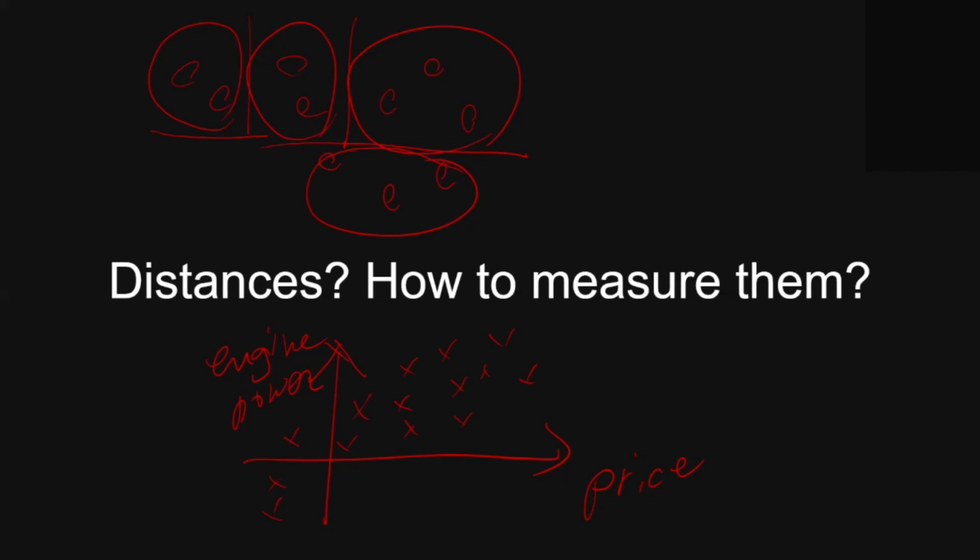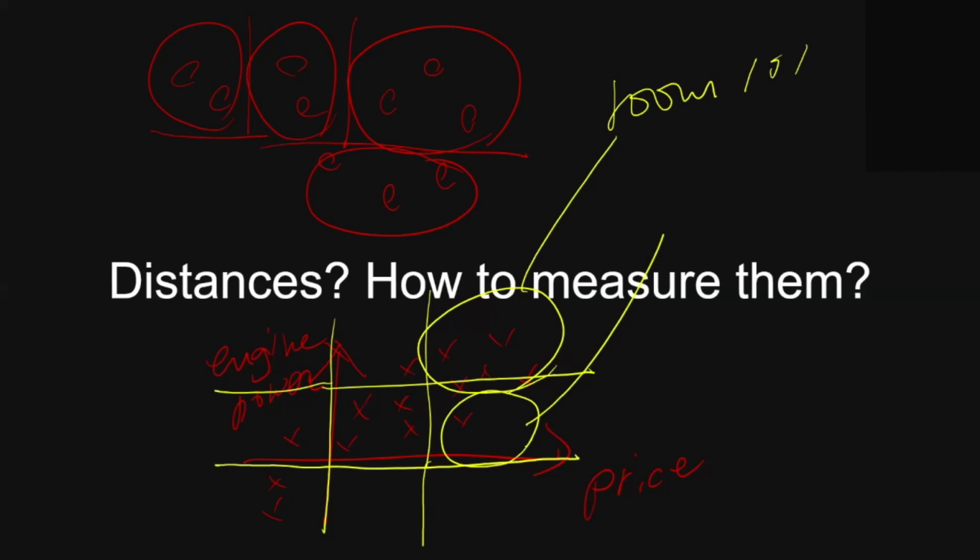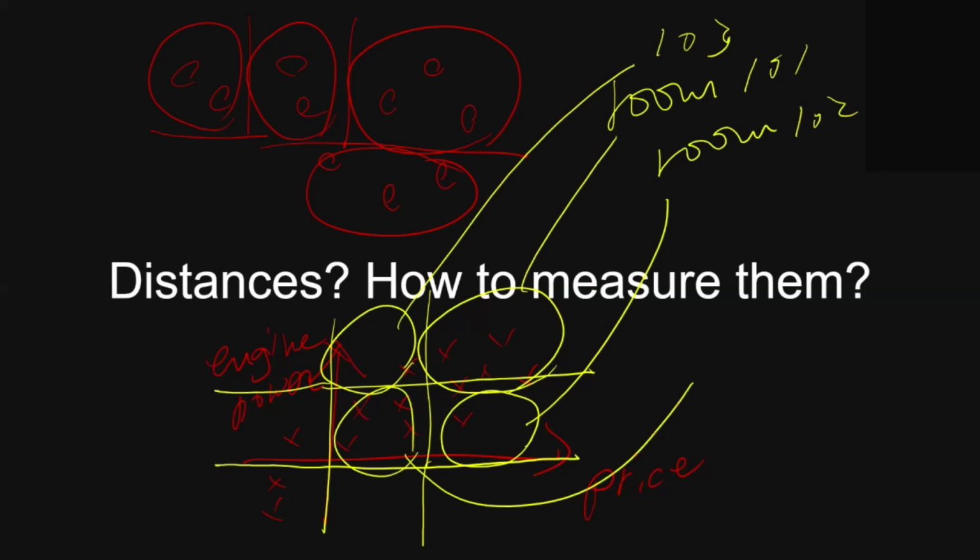And what you could do is, let me change the color here, split them into smaller cells, okay? So what I'm doing is splitting the space into small cells. So that's room 101. This is room 102. And this is room 103. This is room 104, and then room 105, and so on and so forth.